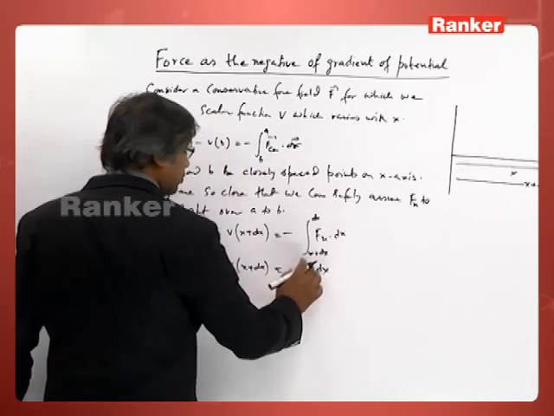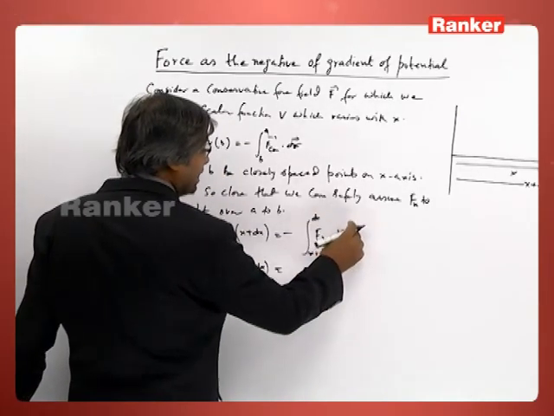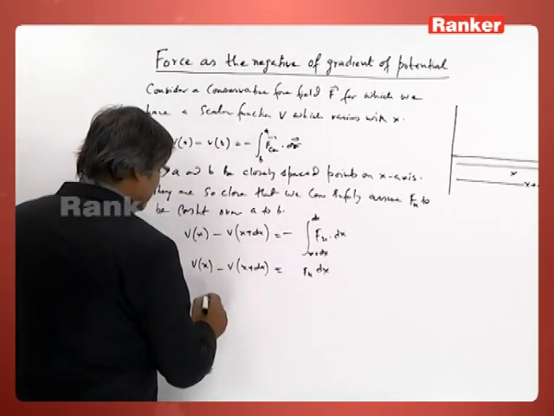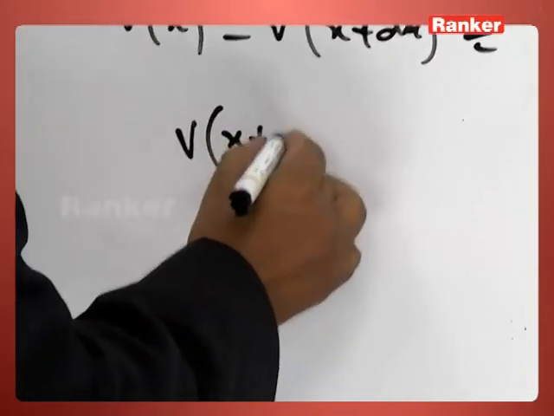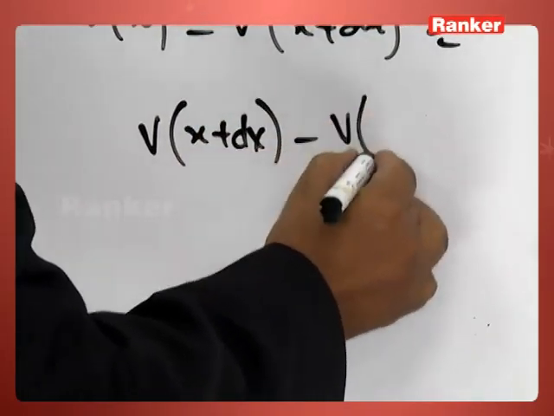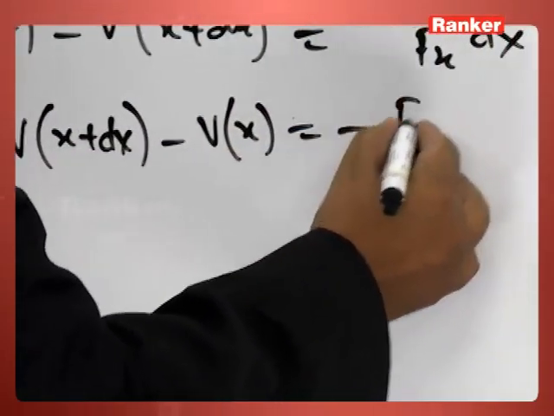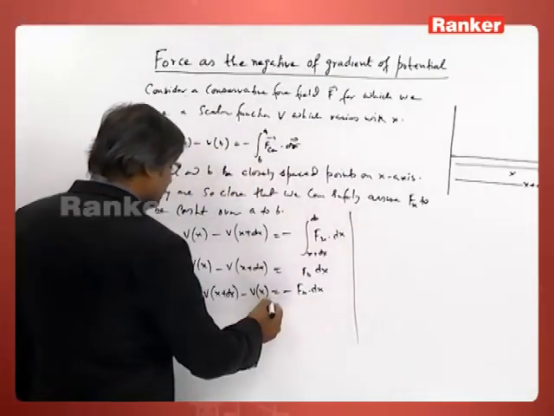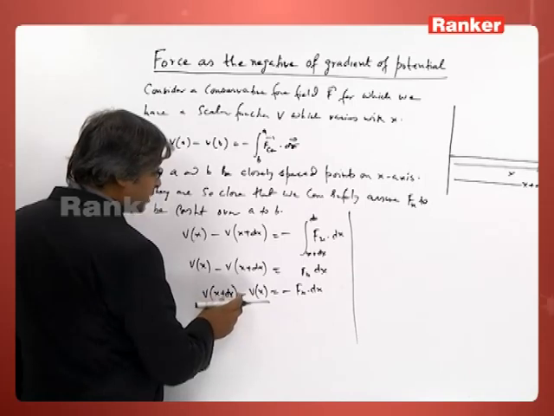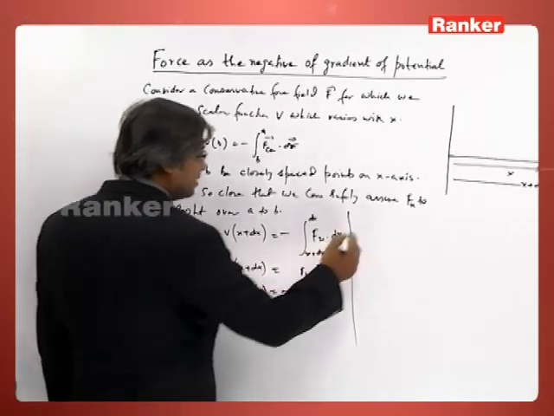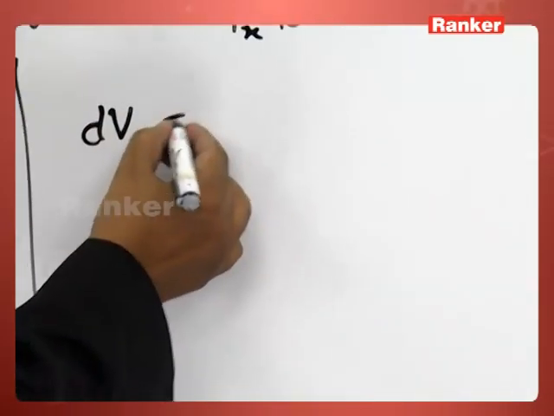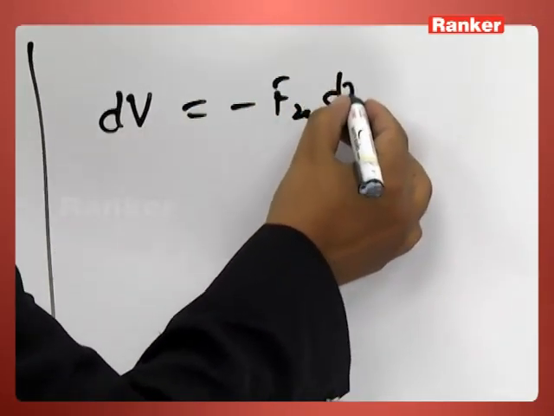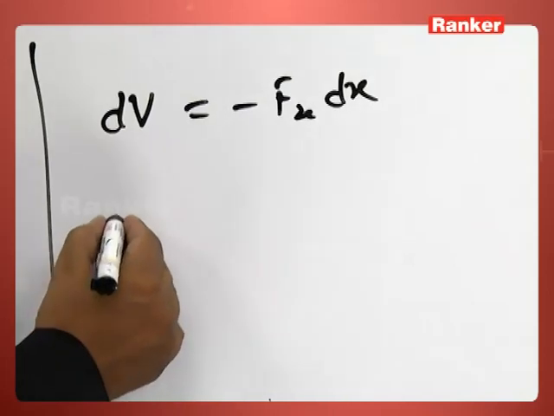Again, writing V at x plus dx minus V at x gives minus Fx dx. Generally V at x plus dx minus V at x is written as dV, so dV equals minus Fx dx.